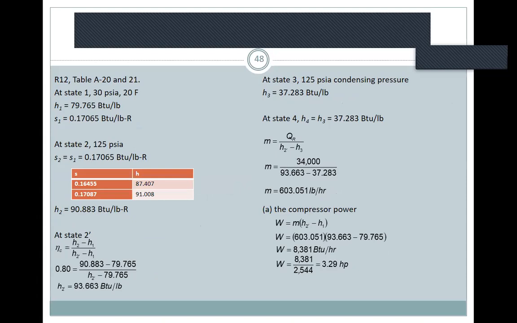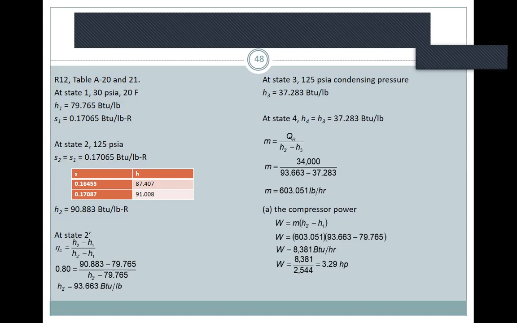Now solve for the compressor power, which is equal to W equals M times H2 prime minus H1, equal to 603.051 times 93.663 minus 79.765, or 8,381 BTU per hour.